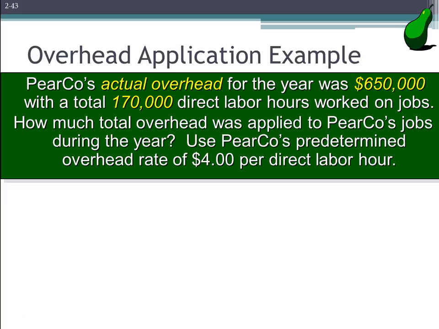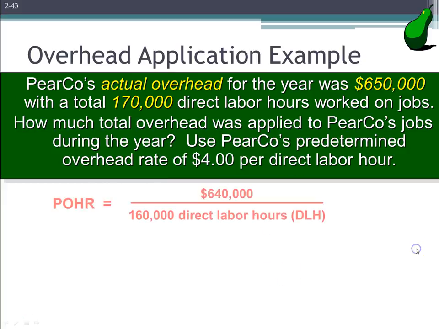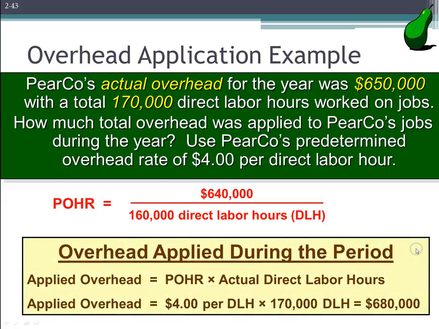Remember that we estimated $640,000 and we thought we'd have 160,000 direct labor hours. That's how we came up with that predetermined overhead rate of $4, right? So we now had more actual overhead costs. This is what we came up with before.